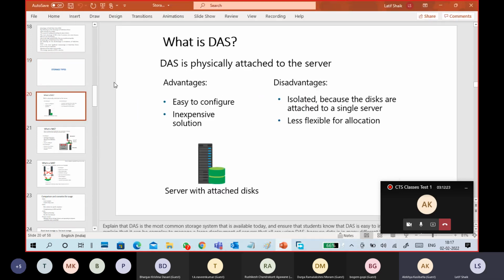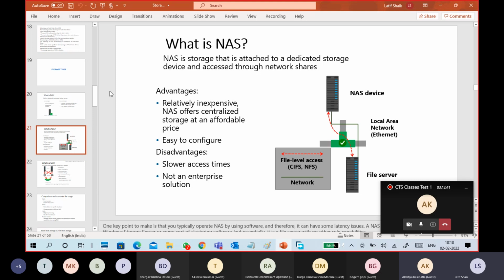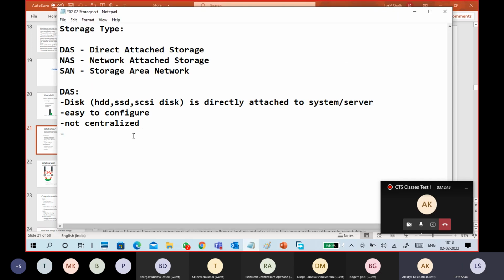See, storage types. DAS is physically attached to the server. Easy to configure, inexpensive solutions. Isolated because disks are attached to a single server. Less flexible for allocation. Guys, understand DAS?